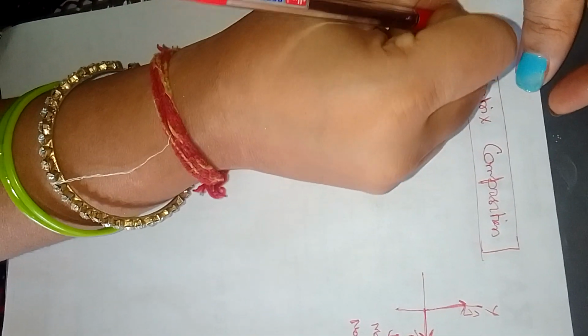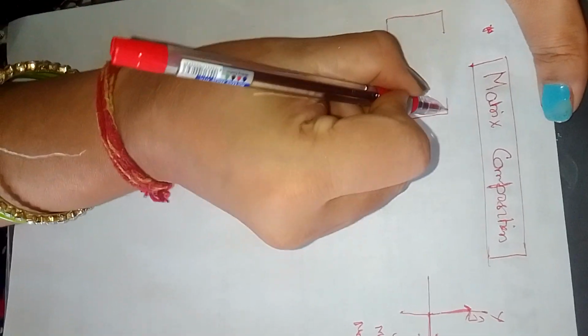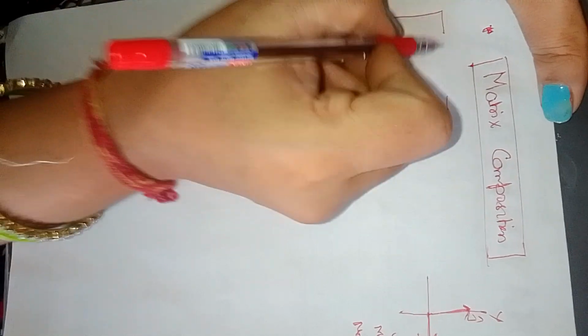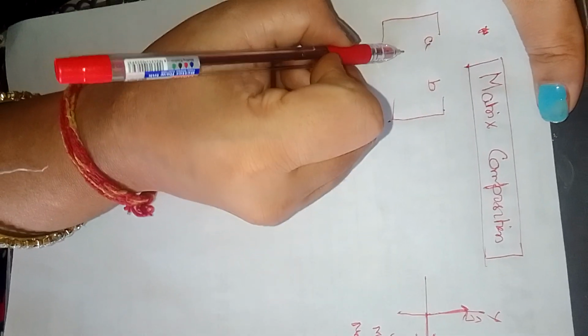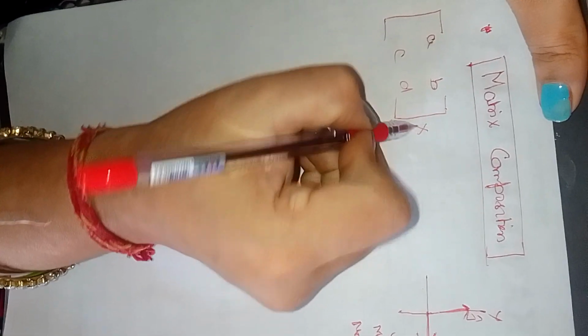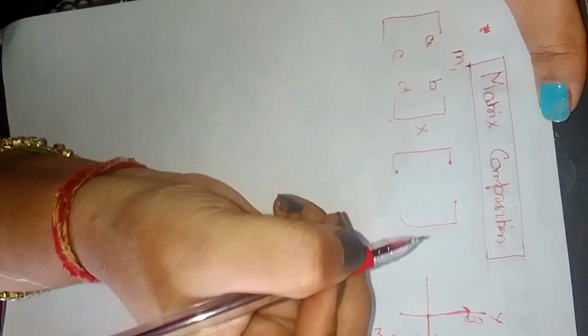This is the next topic of linear algebra. Let's suppose this is a matrix with two vectors, A, B, C, D, and this is called matrix M1.